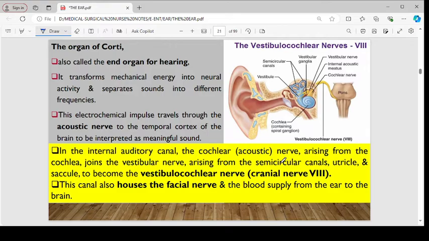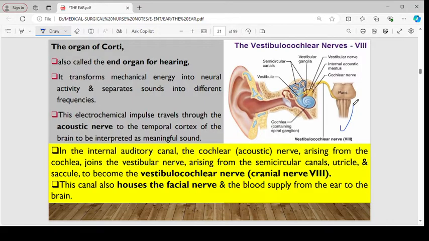In the internal auditory canal, we have the cochlea, from which the acoustic nerve will arise, then join the vestibular nerve, arising from the semicircular canals, utricle and saccule, to become the vestibulocochlear nerve, right? That is cranial nerve 8.